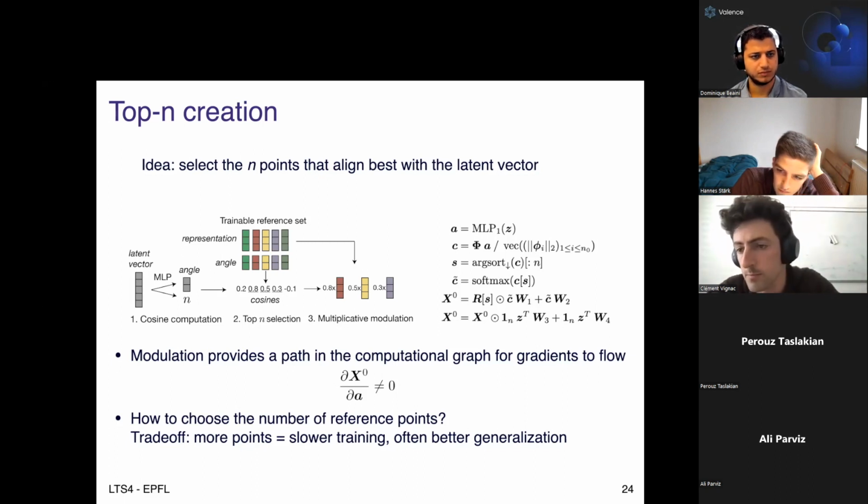But here, that's a general thing with having a latent vector, which is that you have to deal with global information. Then this latent vector is used at two different places. It's used to compute the angle and select the points, but also it's reinjected in the points.